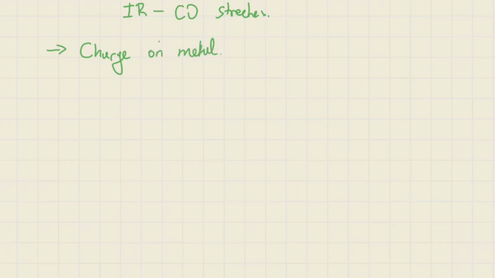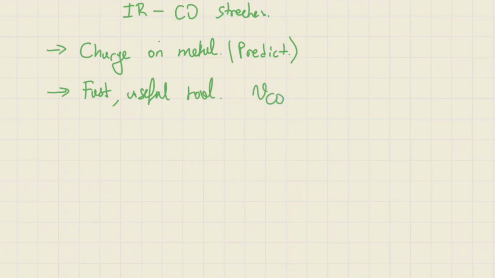We cannot directly learn it, but at least we can predict. So this is important. Infrared spectroscopy is a good characterization tool for the complexes, and it is also a fast and useful tool, as you see. We can compare it with the VCO stretch, the free stretch of carbon monoxide.